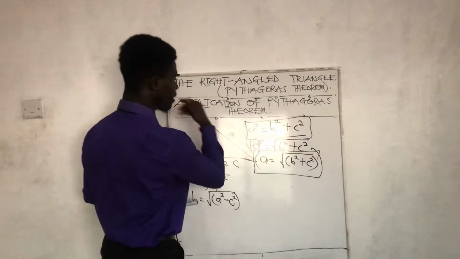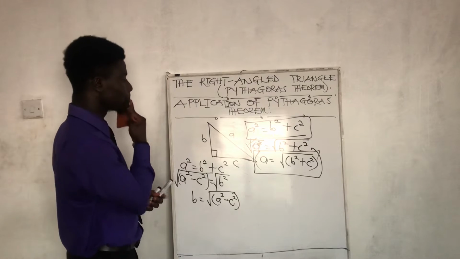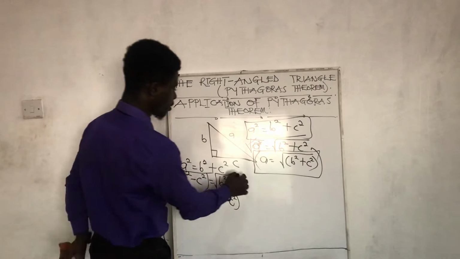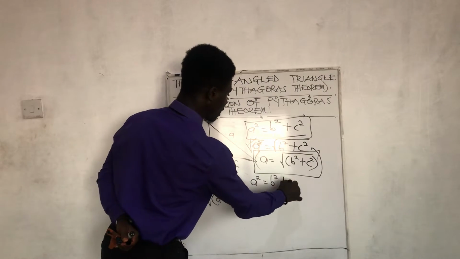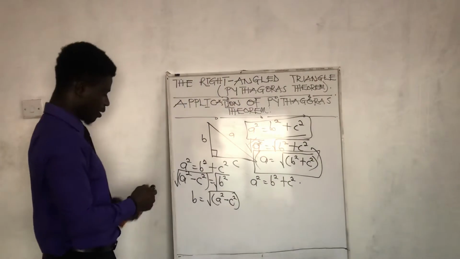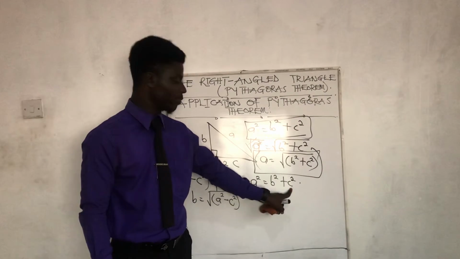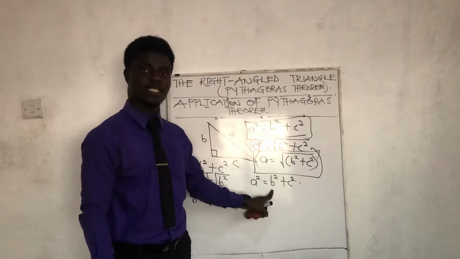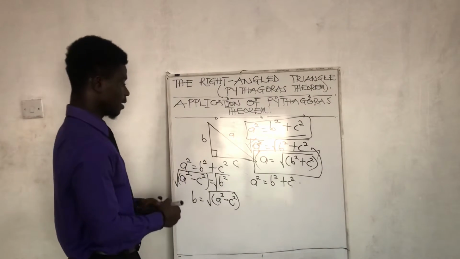Now let's make C the subject of this relation. A squared equals B squared plus C squared. To make C the subject, B is adding to C, so B is positive. When it crosses this equal sign, it becomes negative.